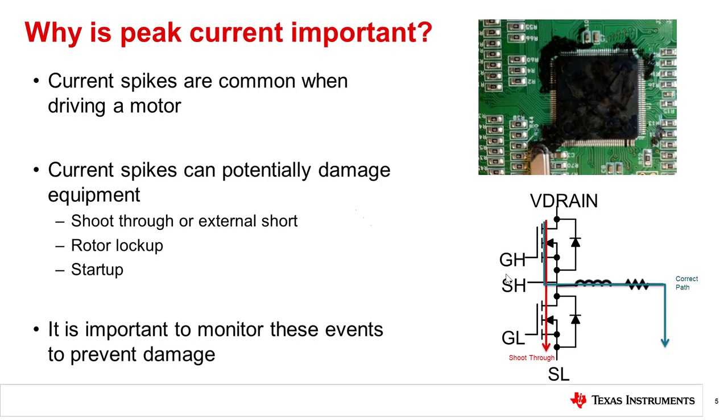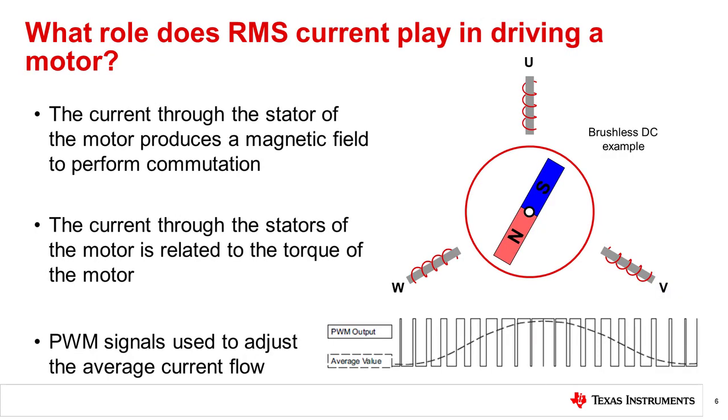This rapid increase in current can cause the current ratings of the motor to be exceeded, which can damage the motor and other components. The third event that can produce a current spike occurs at startup, since the motor needs to overcome the inertia that is present to get up to speed quickly. This results in the motor driver supplying higher current to increase the torque to bring the motor up to speed.